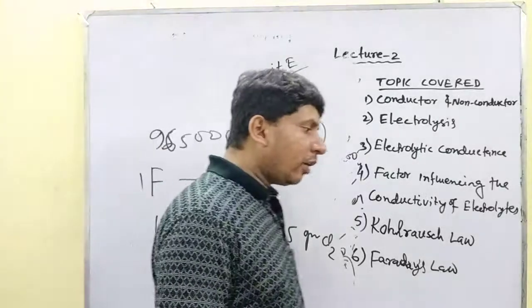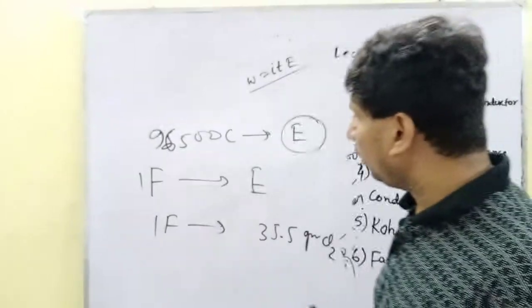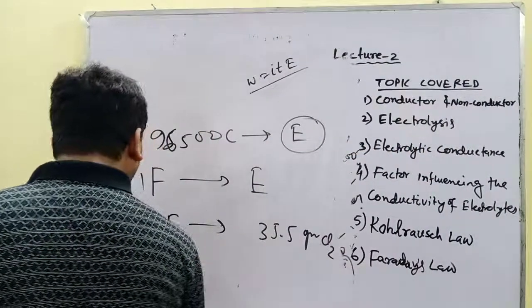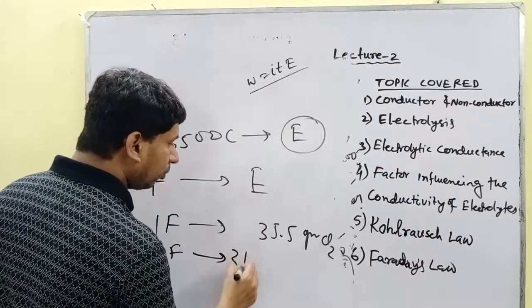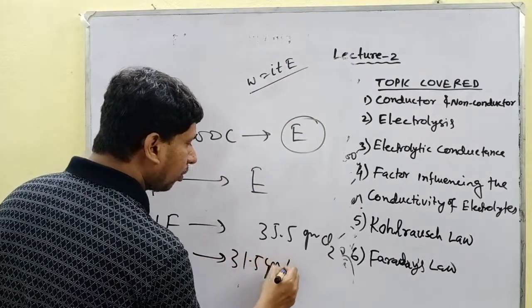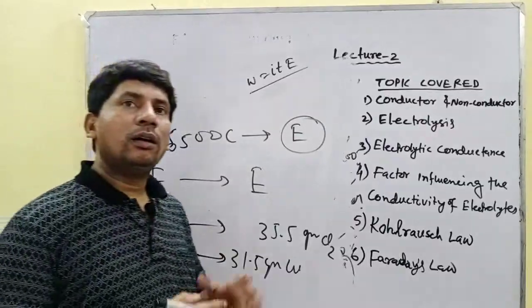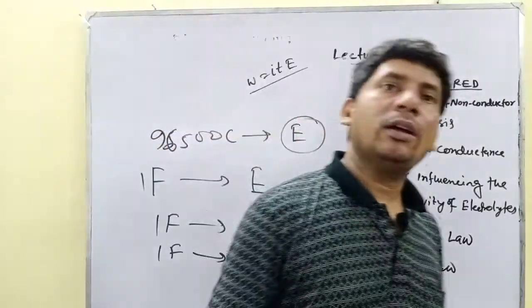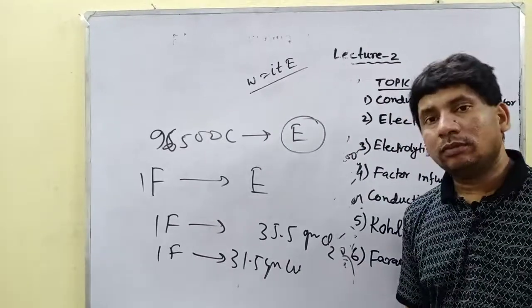If the equivalent weight of copper is 31.5 gram, then if 1 Faraday charge is carried, 31.5 gram copper will be deposited at the cathode. So this is a very important part of electrochemistry. Okay. Thank you.